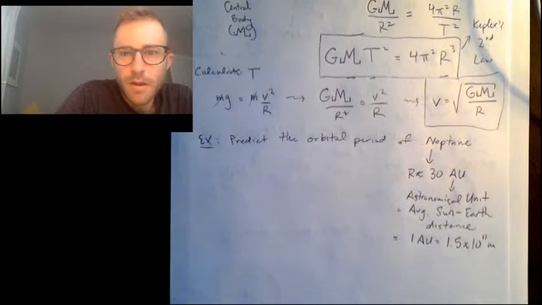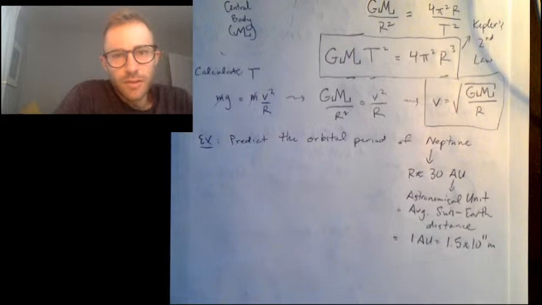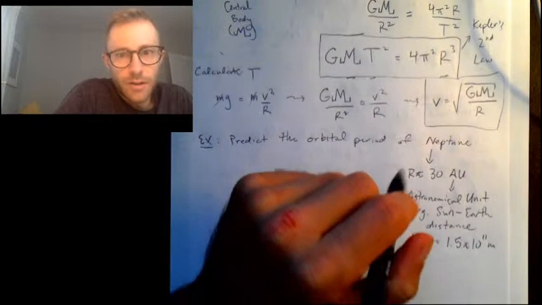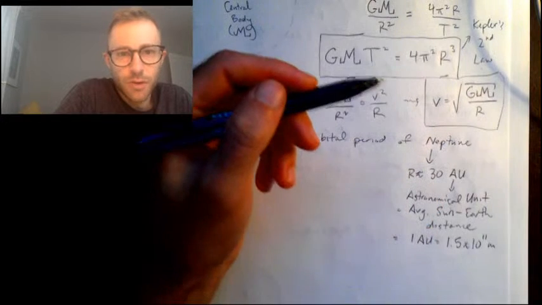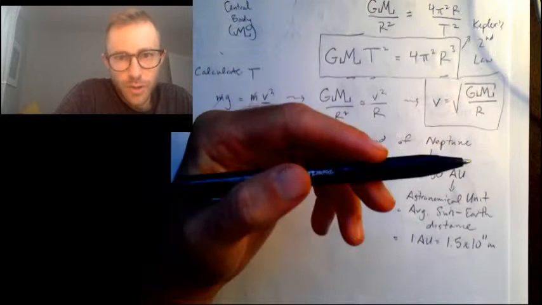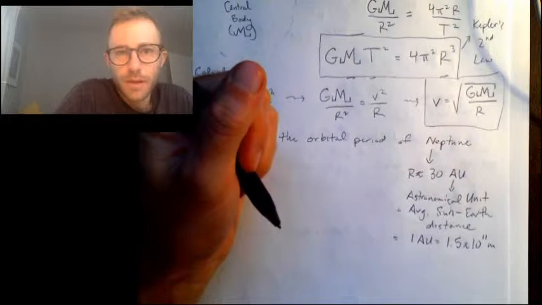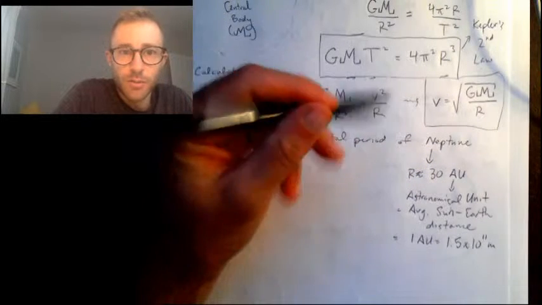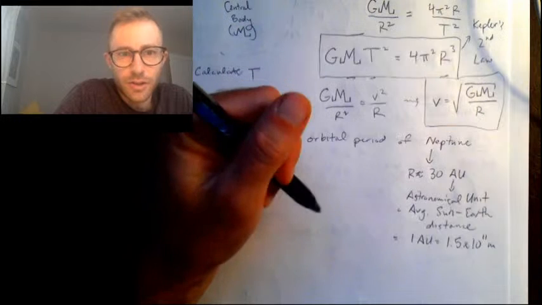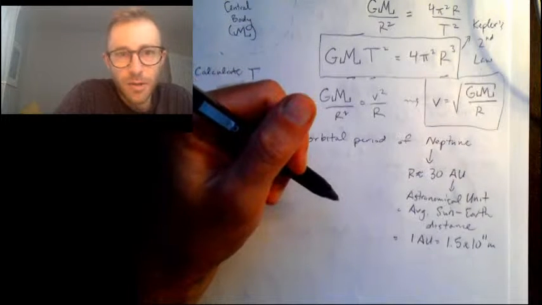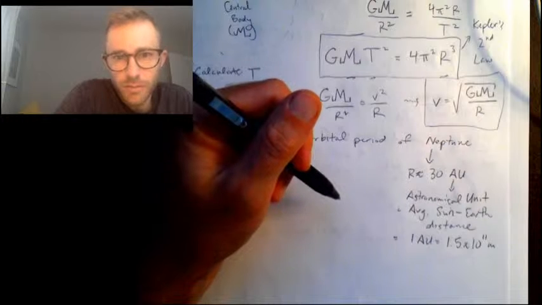Okay. So saying that Neptune orbits at 30 AU is saying that Neptune is about 30 times as far away from the Sun as we are. And since Neptune is the outermost planet, that actually tells us an estimate of the diameter of the solar system.